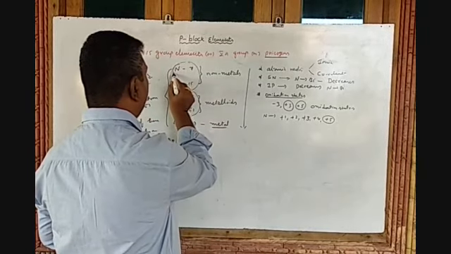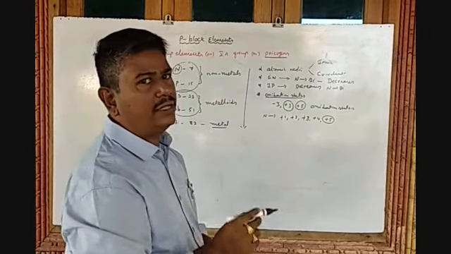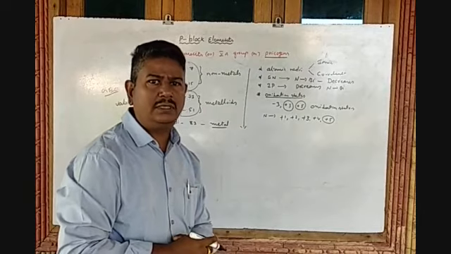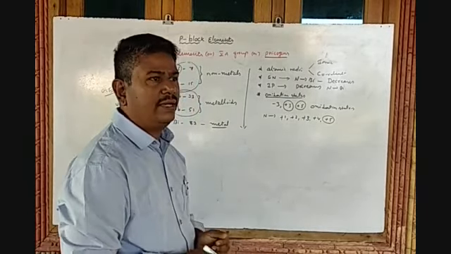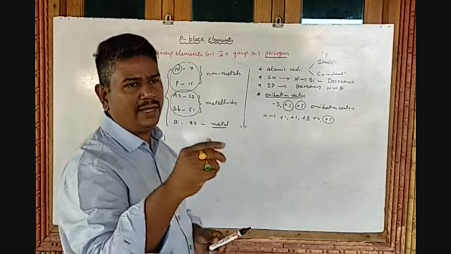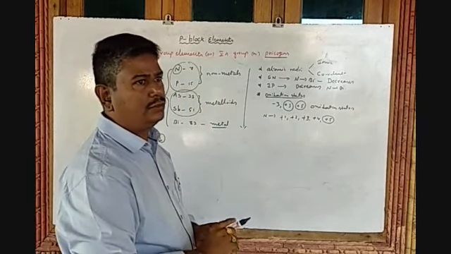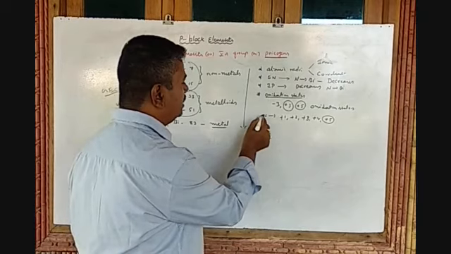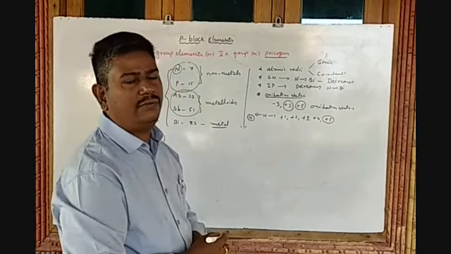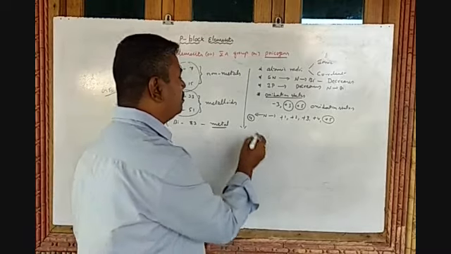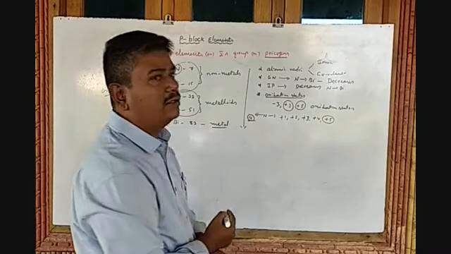Observe here, nitrogen has an absence of d orbitals and only p orbitals are present. So there is no extension of electrons into other orbitals, and the nitrogen valency is only up to 4. That means the nitrogen covalence is restricted to a maximum of 4.